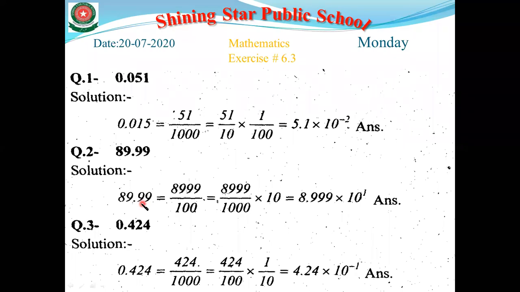But if we have the point here, 8.999, we must have 3 zeros in the denominator, because after the point we have 3 digits. So we multiply with 10 and divide with 10. So it becomes 8.999 multiplied by 10 power 1.